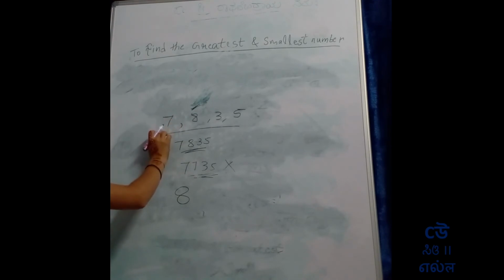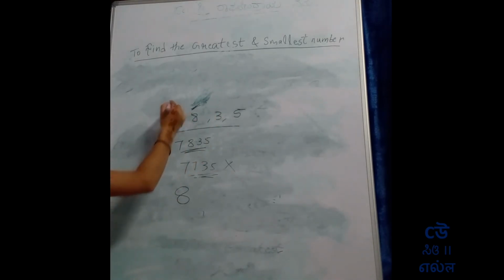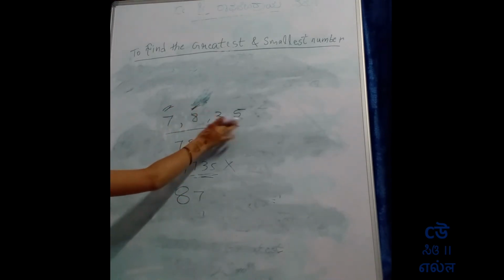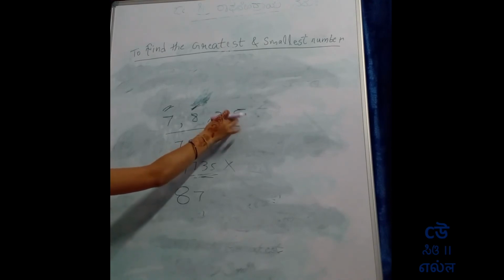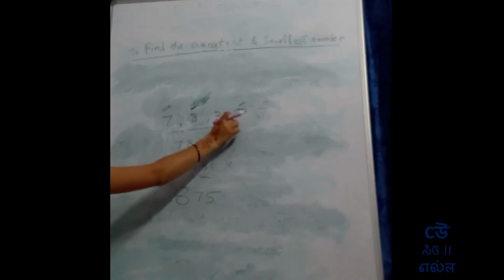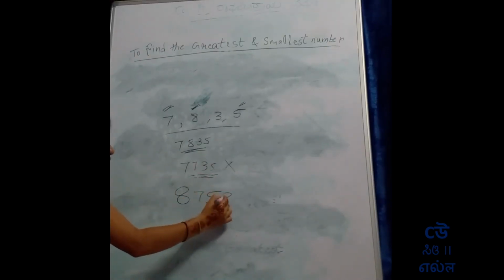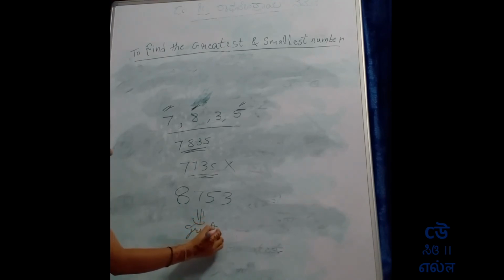Next greatest, in these 3, which is the greatest we have? 7. So next you write 7. This is also done. Remaining are these 2. In these 2, which is the greatest we have? 5. So next you write 5. This is also done. The remaining is 3. So this will be considered as the greatest number.